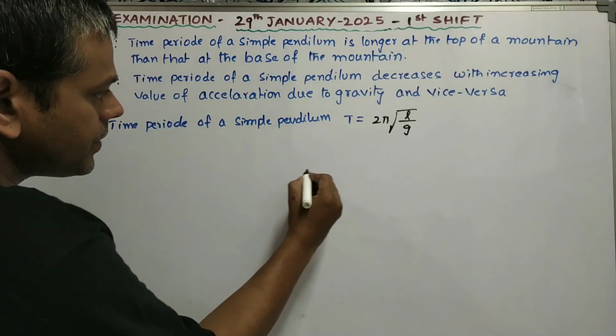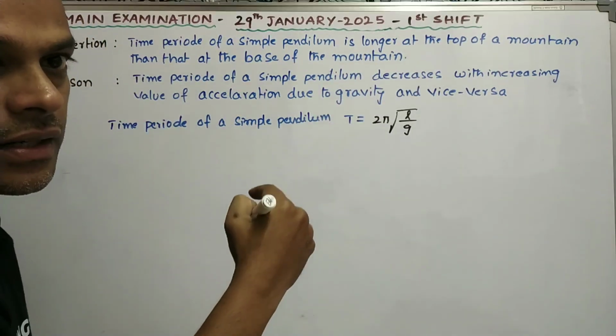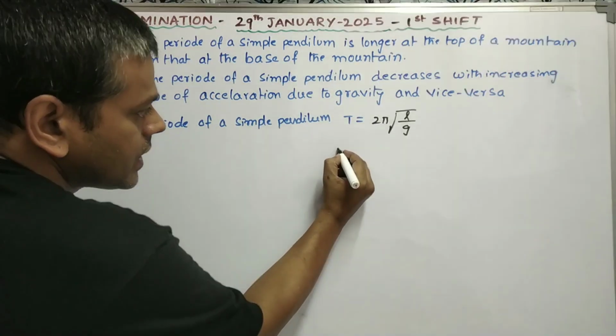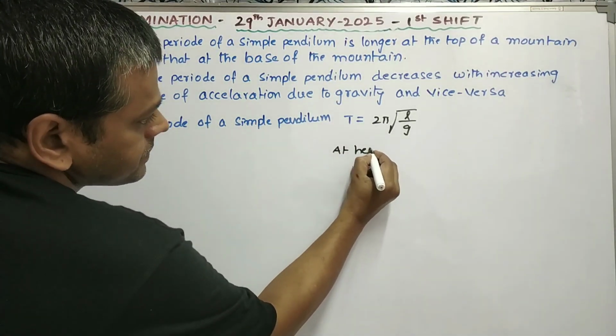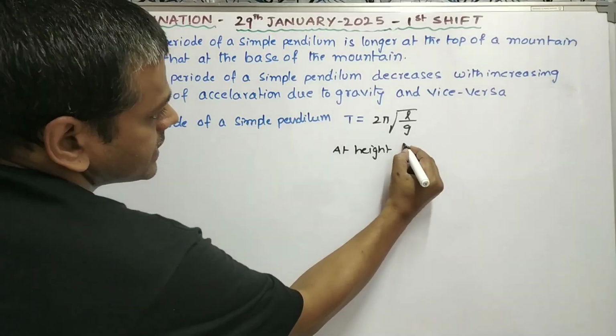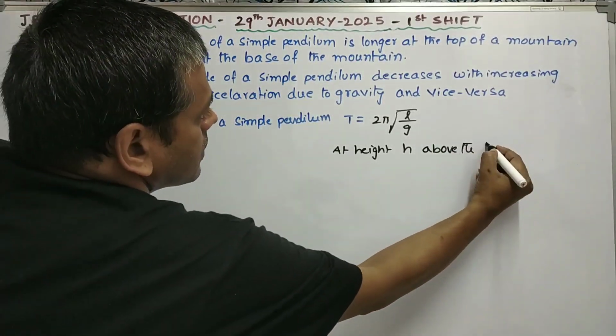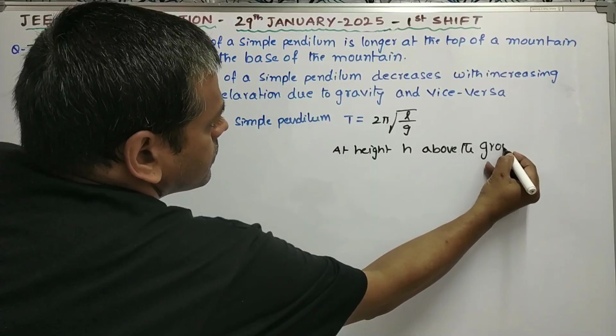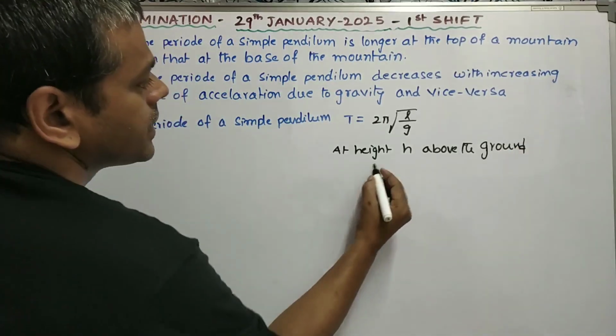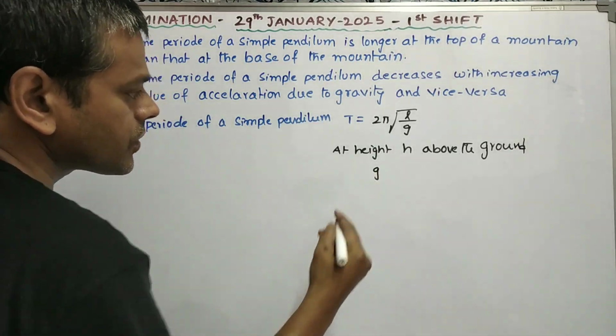You know, when you go away from the surface of the earth, at height h above the ground, acceleration due to gravity changes.